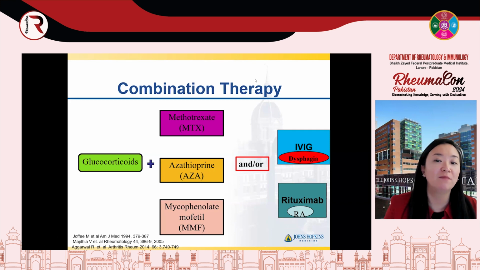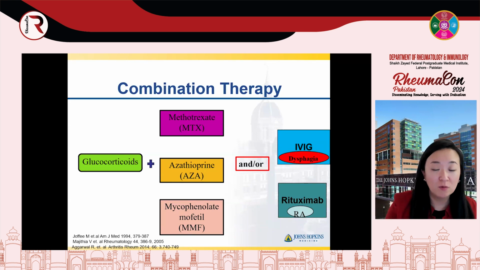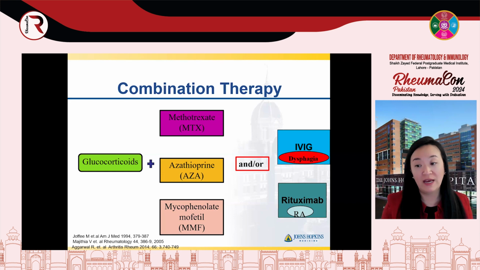So if you have somebody who's on methotrexate, but you can't fully control their disease, their CK is not coming down and they're still weak, but you can't quickly access the infusion medications, or insurance is giving you a hard time, like we have issues as well, I'm sure you do as well, then adding a little bit of azathioprine, about 25 to 50 milligrams per day, with the weekly methotrexate can certainly be helpful.